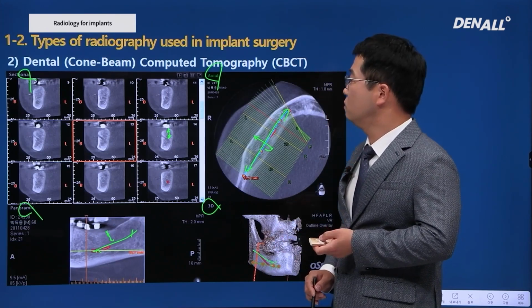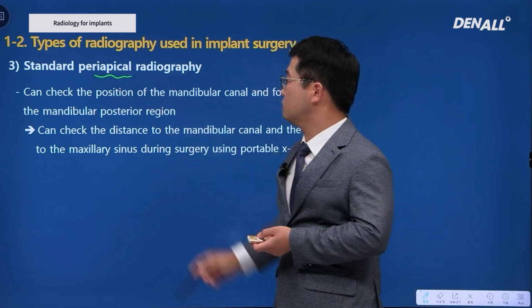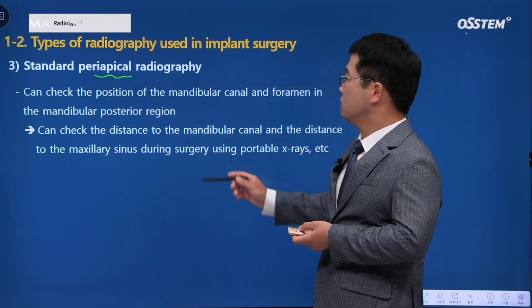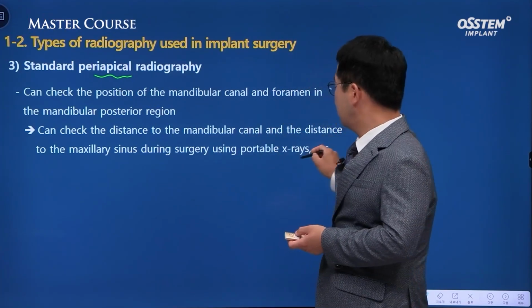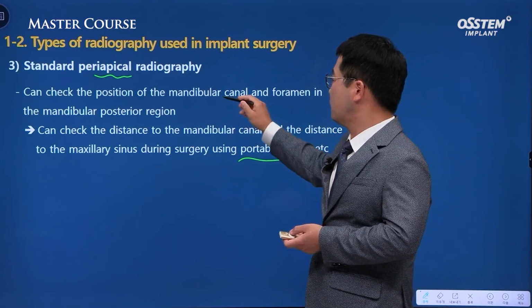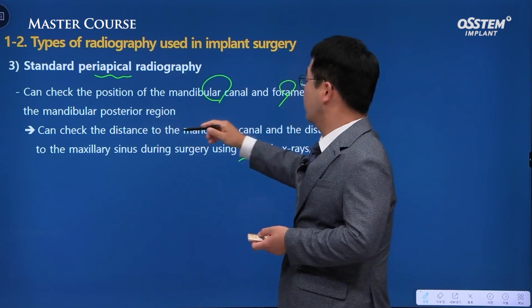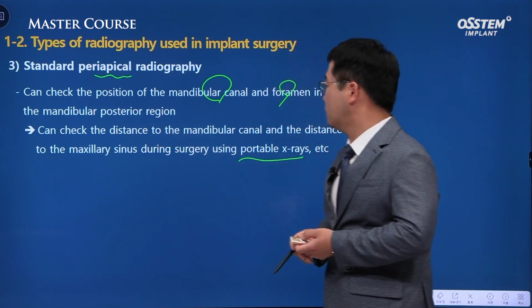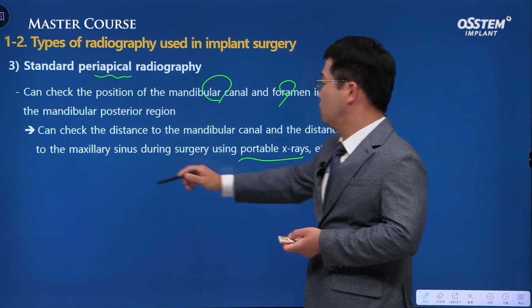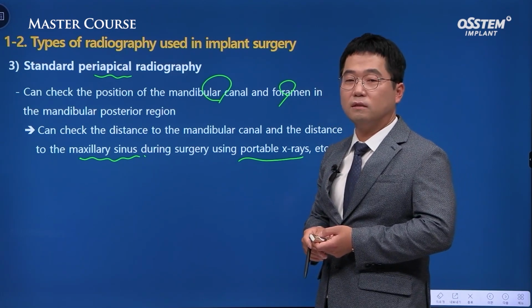What are the advantages of using periapical X-ray? If portable X-rays are available, you can check the mandibular canal and other important anatomical structures even during surgery. You can check the sinus as well during surgery.